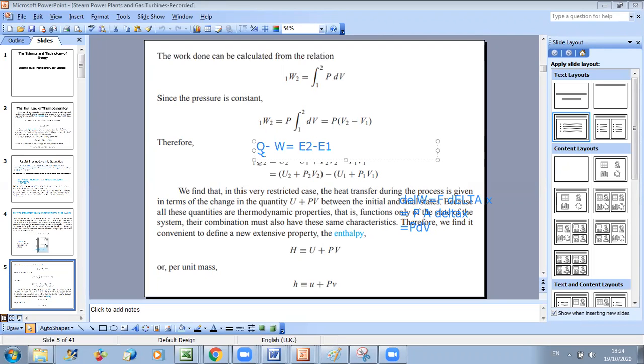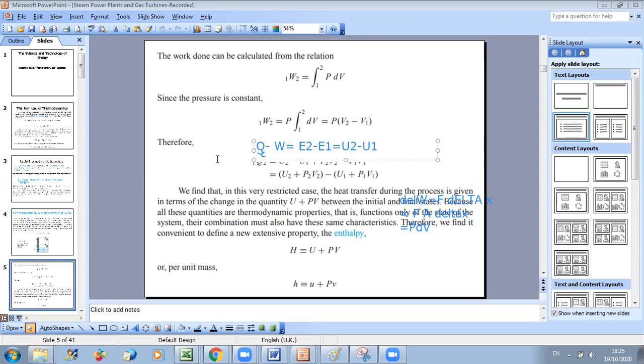But we agreed together that in this case, because it's air, a fluid, the variation in potential and kinetic energy is very small compared to the change in internal energy. So I can replace this term by internal energy at state 2 minus internal energy at state 1.